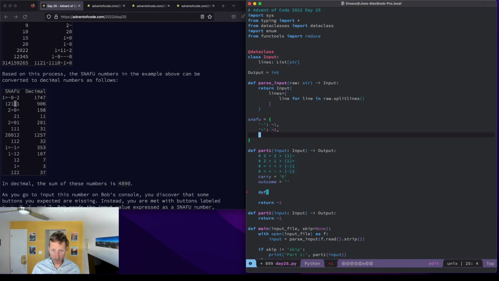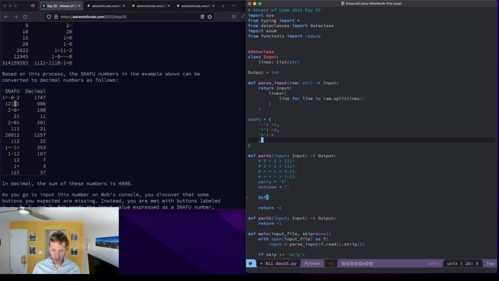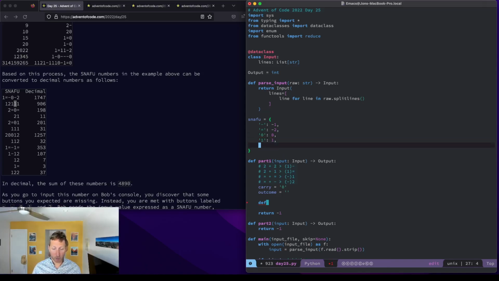We still need this map. I think this is the more interesting way to solve the problem too, instead of converting to there and back. Just add directly. So we just need an add.